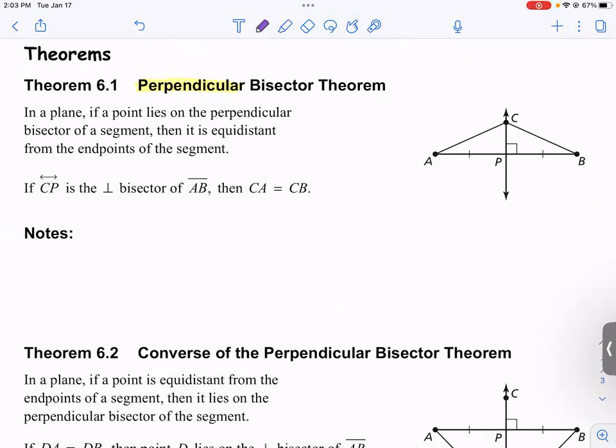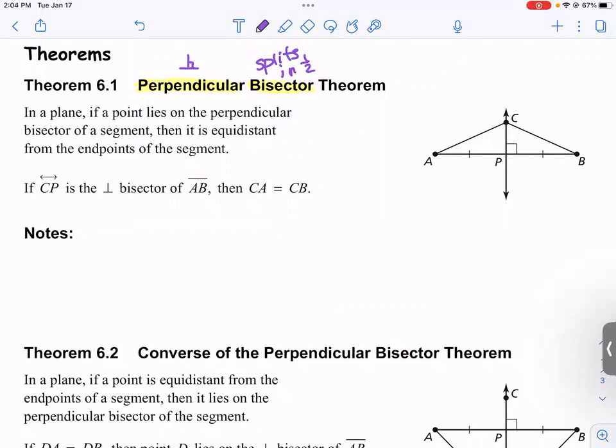Okay, so we have perpendicular. So we have that right angle, okay? And bisector splits it in half. So a perpendicular bisector is cutting through a segment at its midpoint, making a 90-degree angle.